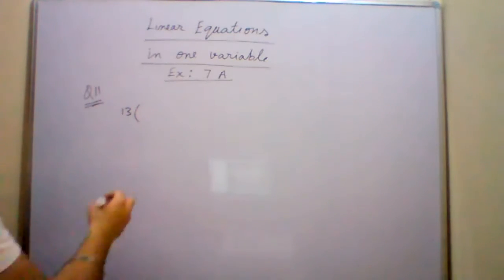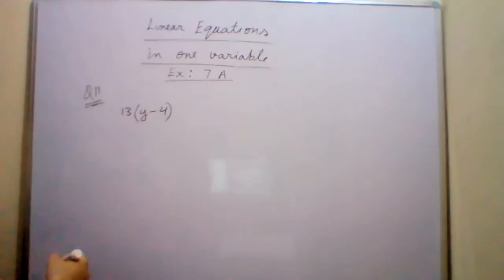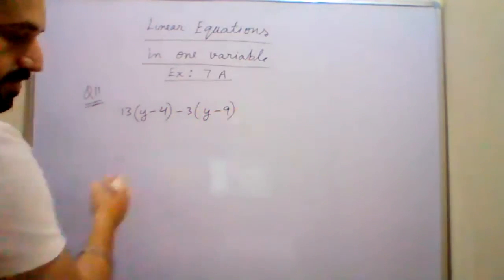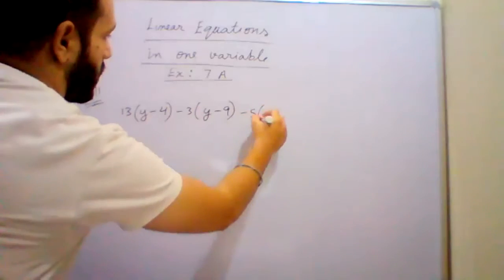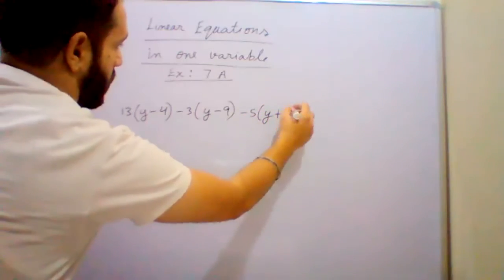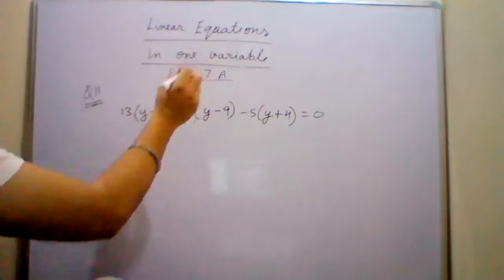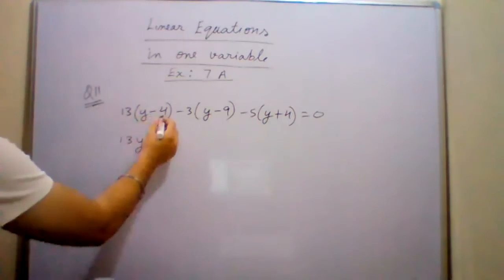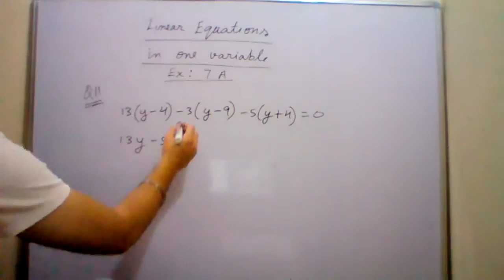Y minus 4. The variable is y. 13 into y minus 4 minus 3 into y minus 9 minus 5 into y plus 4 plus 0. Looks easy. Open all the brackets. 13y, 13 into minus 4 is minus 52.